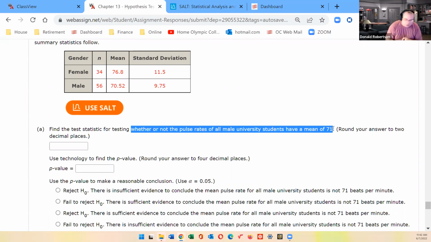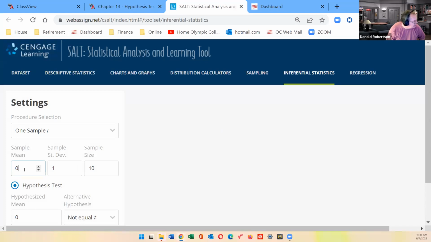Or is it not equal to 71? What do you think that phrase is getting at? Not equal. Whether or not. It doesn't say is it bigger, is it less? Now we can look at it and say it looks like it's pretty close to being less, but we're being asked to test this one. So now I'm ready to hit the salt button and do the males. In the males, the mean was 70.52.